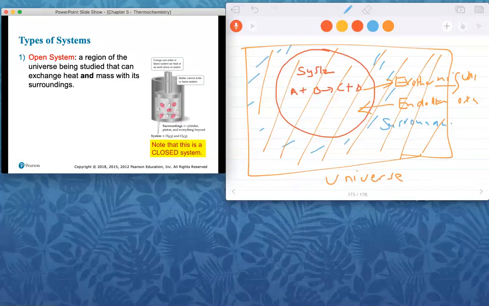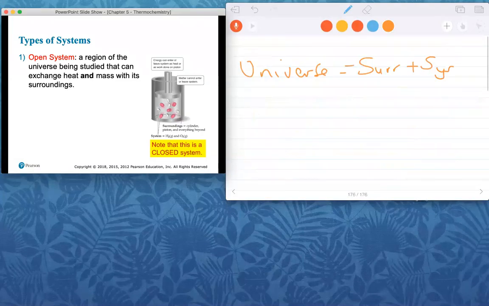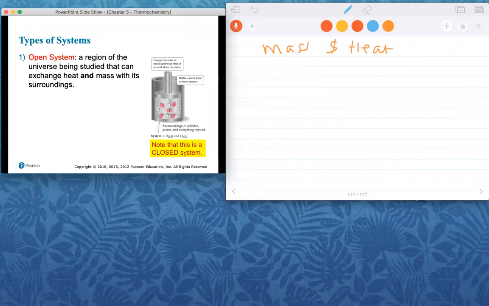Open system. You have to understand, using those terms, if mass and heat are lost, you have to differentiate those three systems.